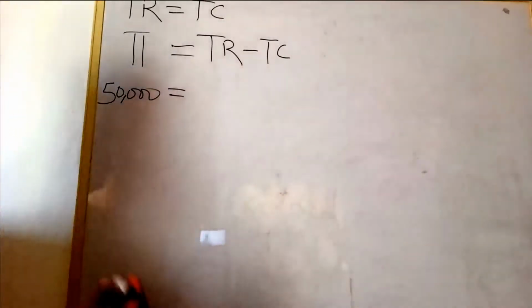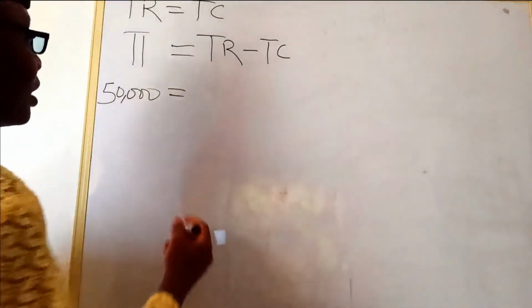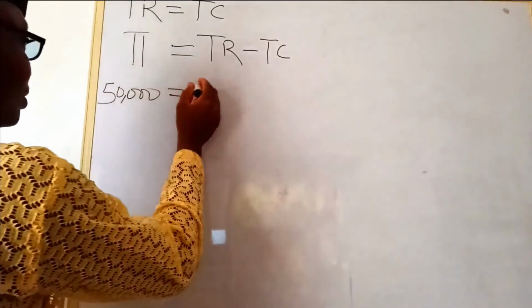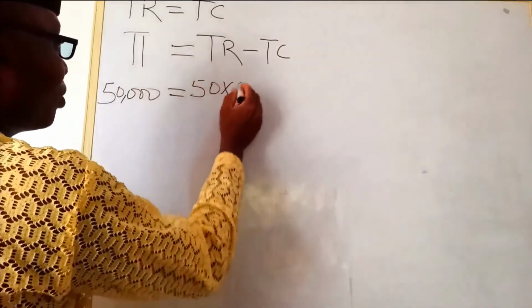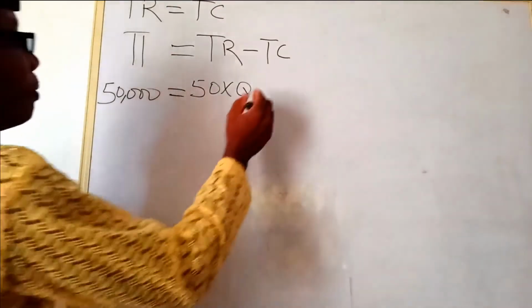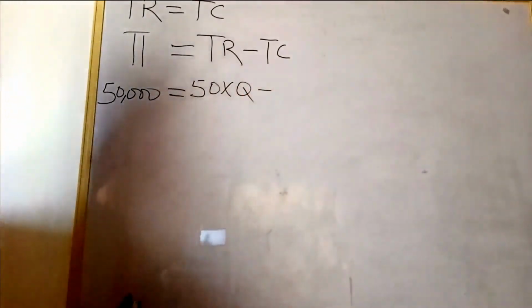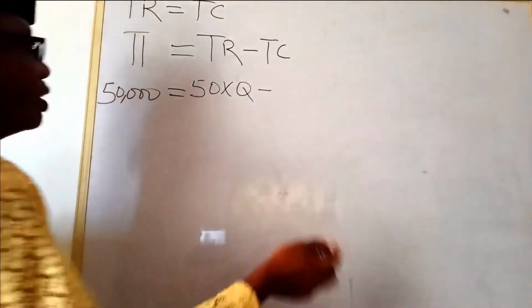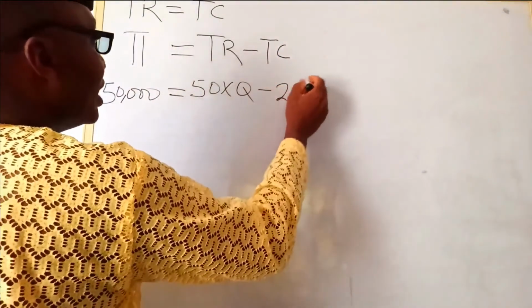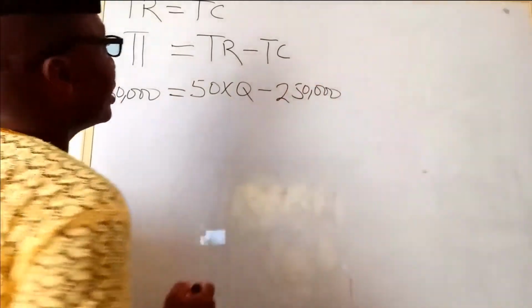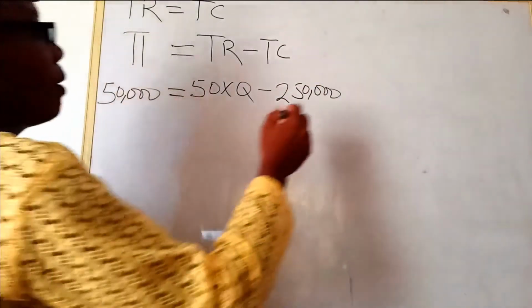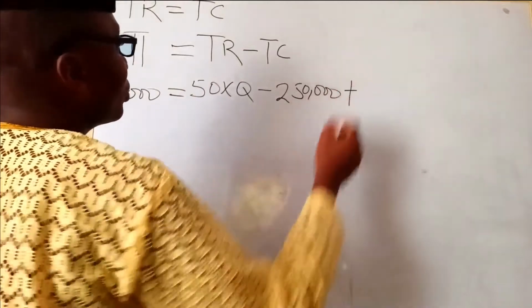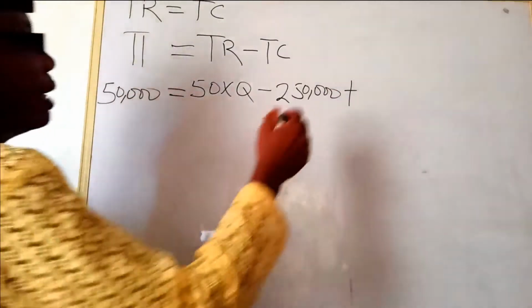We know it is price times quantity. The price has been given as 50. The quantity is what we are looking for, Q, minus the total cost. We know already it is fixed cost plus variable cost. The fixed cost is 250,000. It has been given already, plus our variable cost.